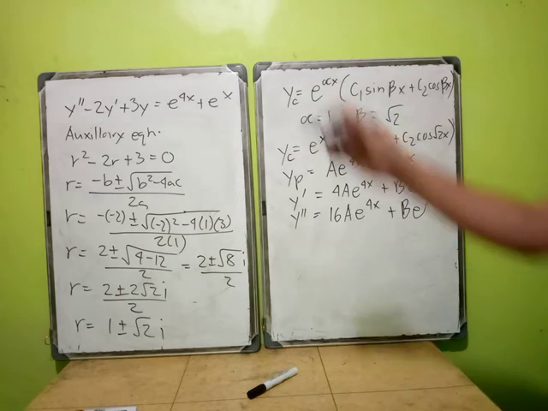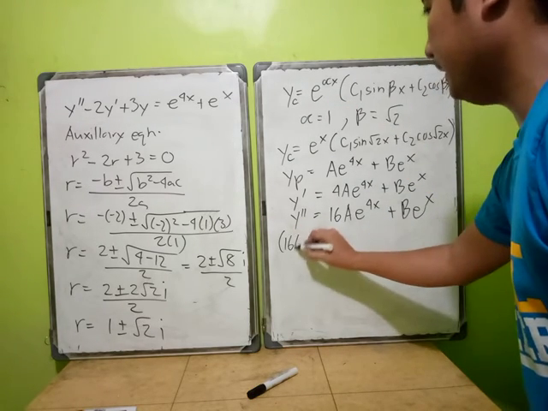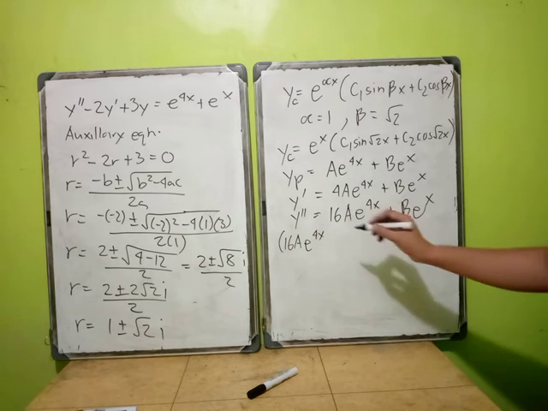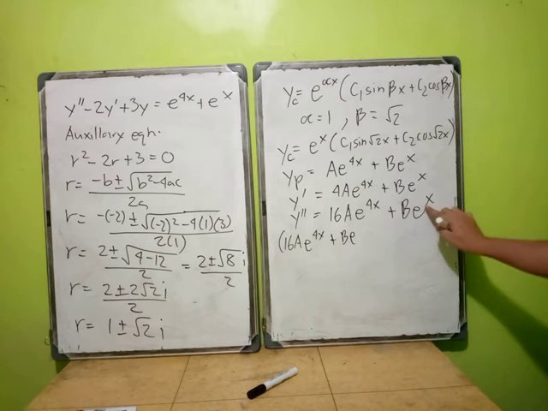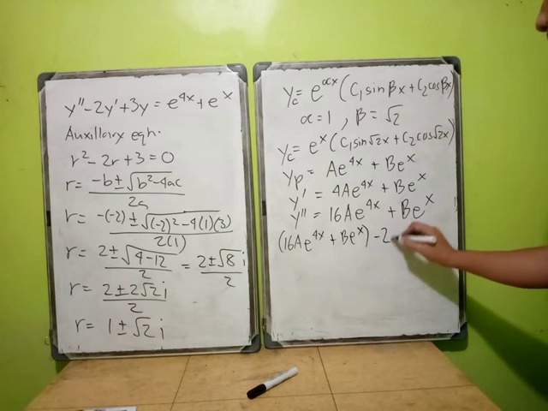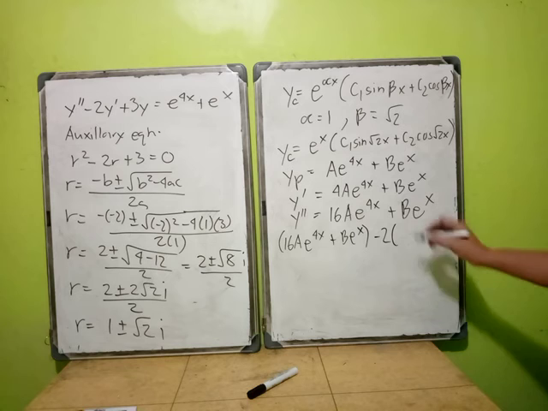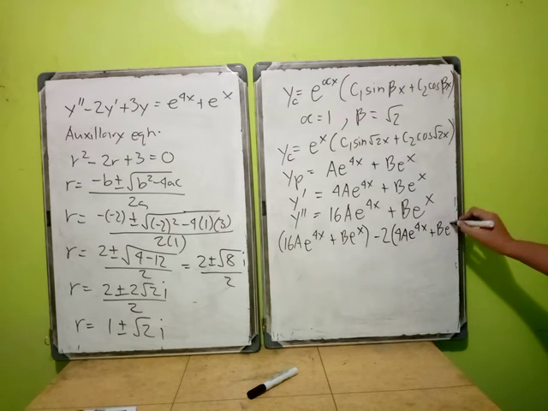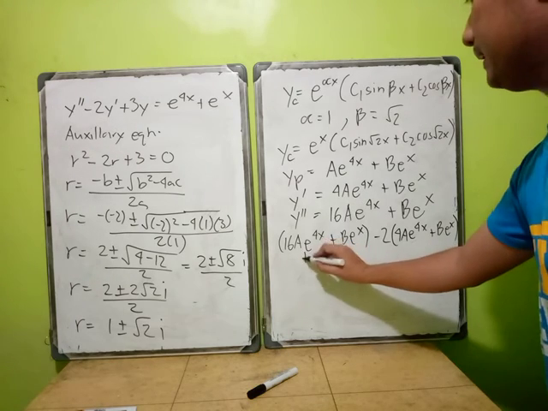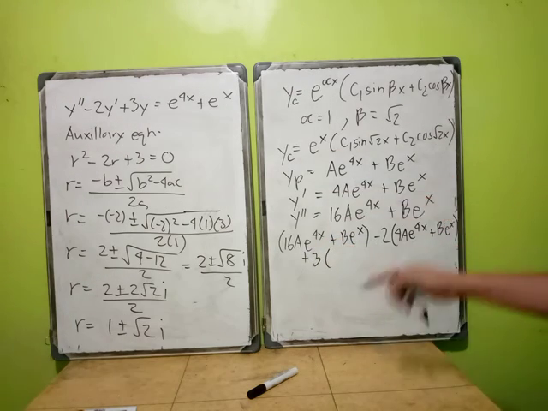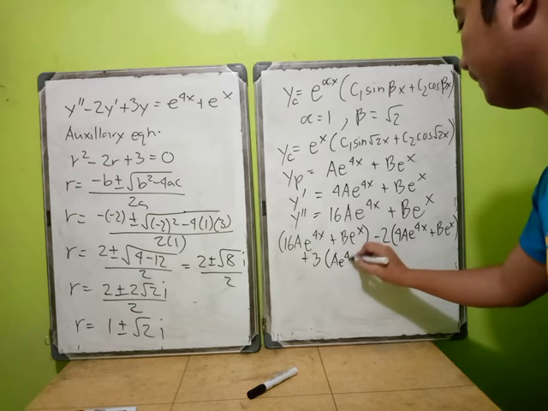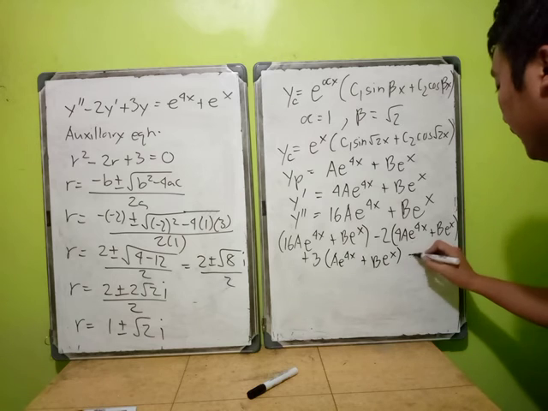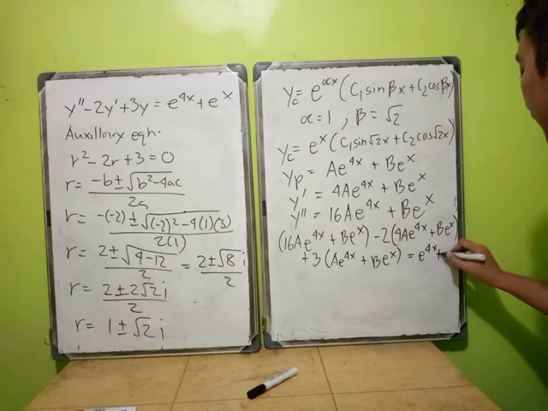Therefore, when we substitute, we get 16a e to the power of 4x plus b e to the x, minus 2 times y prime, 4a e to the power of 4x plus b e to the power of x, plus 3y, which is a e to the power of 4x plus b e to the power of x, should be equal to e to the power of 4x plus e to the x.